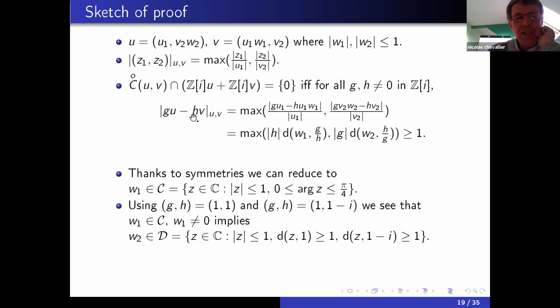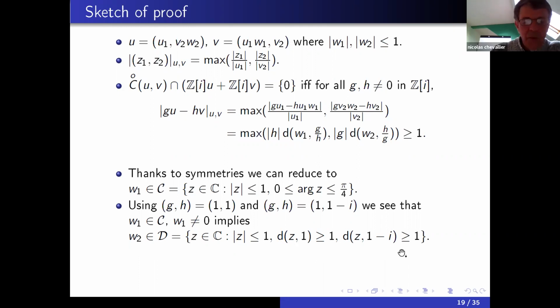And this means, using that we want this to be larger than 1, since this will be smaller than 1, this second term must be larger than 1. And this implies, if we use these two pairs, that W2 is in the region D, defined here. This is the set of complex numbers of modulus smaller than 1, and the distance of which to 1 is larger than 1, and the distance to 1 minus i is larger than 1.